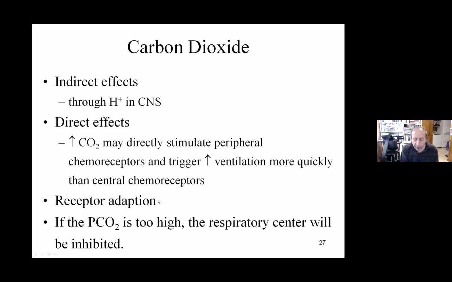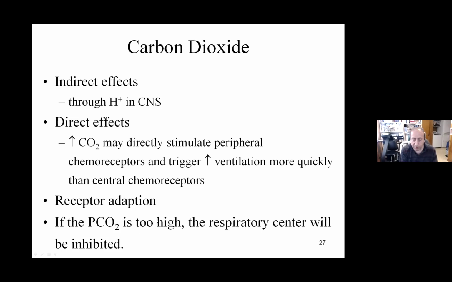So the receptor will adapt, meaning it will only give an effect in the beginning, and then it accommodates. So if the pressure of carbon dioxide is too high, the respiratory center will be inhibited.